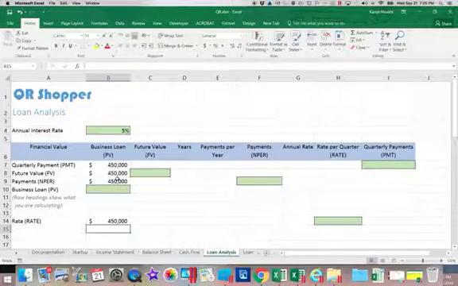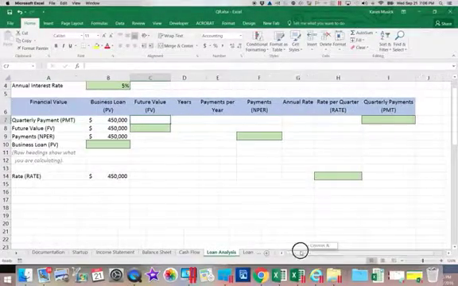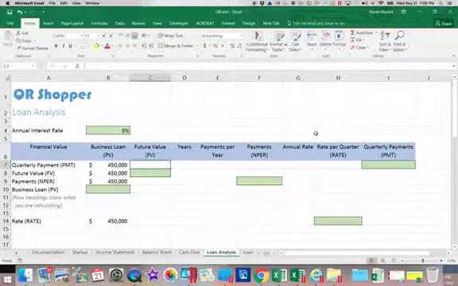the other rows. The future value on a loan calculation is always going to be 0. What the future value means is, at the end of the total life of the loan, how much do I owe?